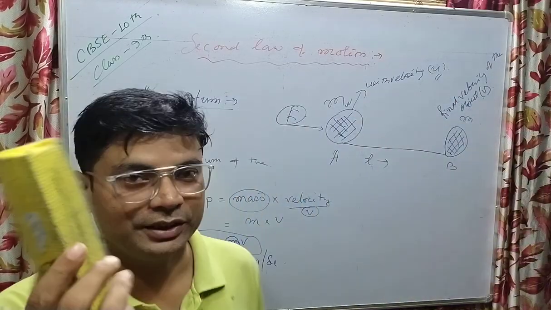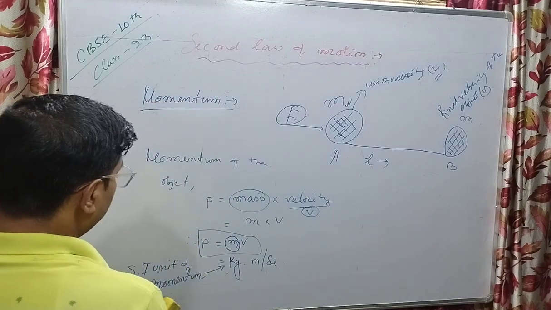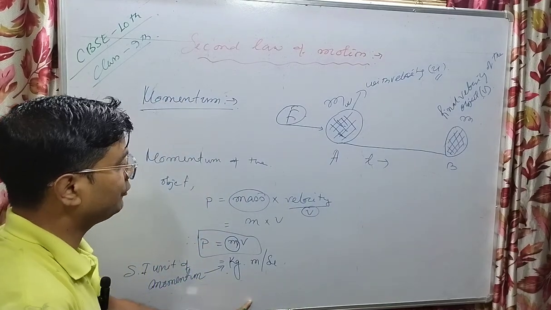So the SI unit of momentum is kilogram meter per second. Clear? I hope it is clear. Once again, the SI unit of momentum is kilogram meter per second.